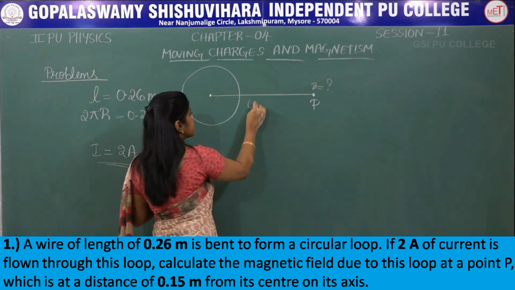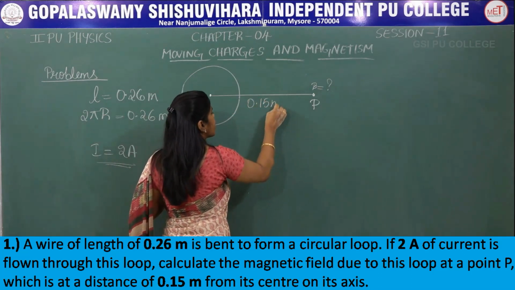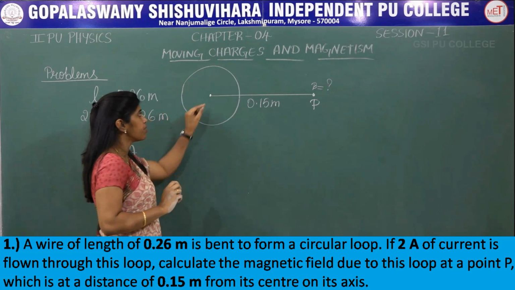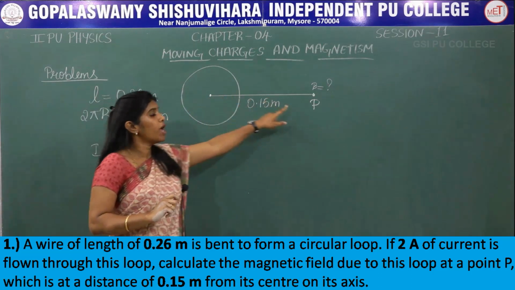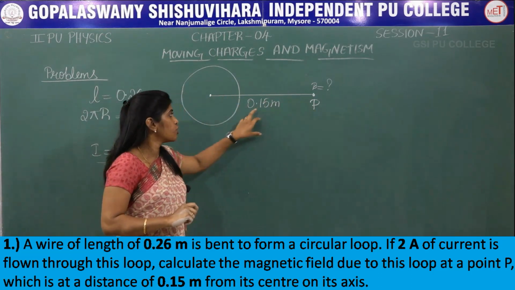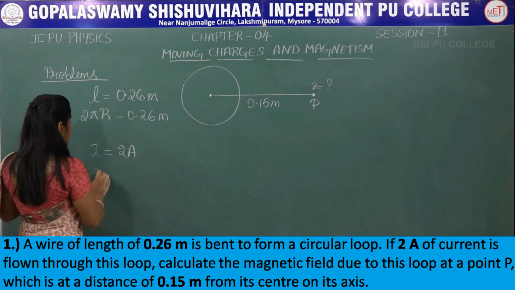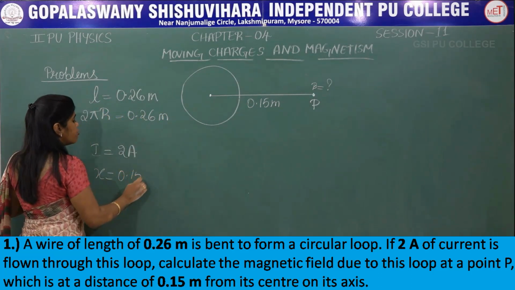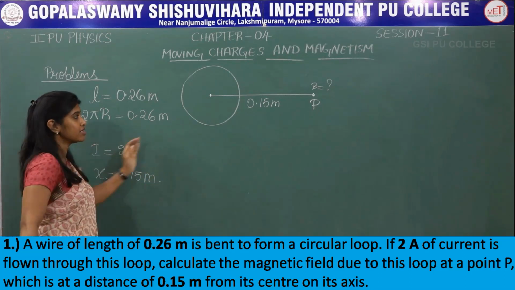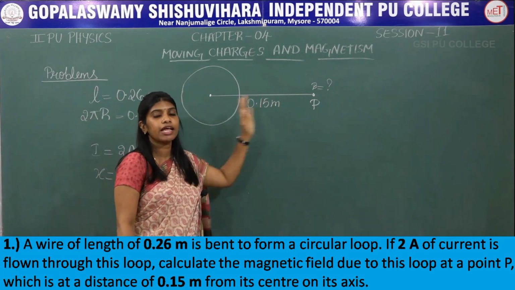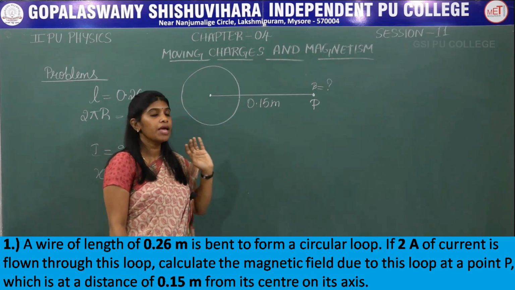It is placed at a distance of 0.15 meter. So the distance between the center of the loop and the point P is taken as x, so x is equal to 0.15 meter.